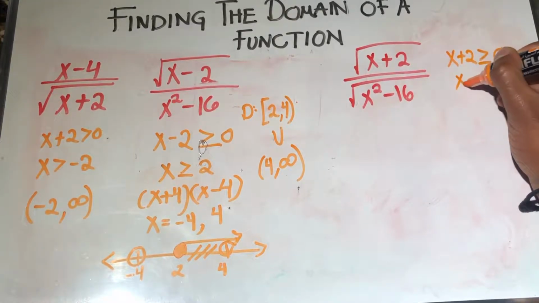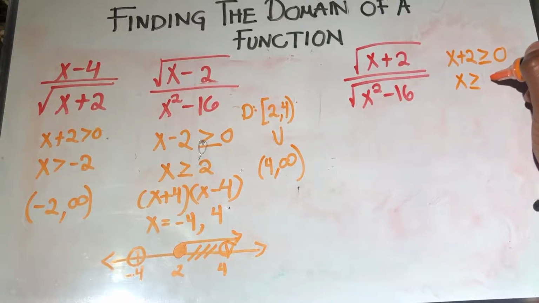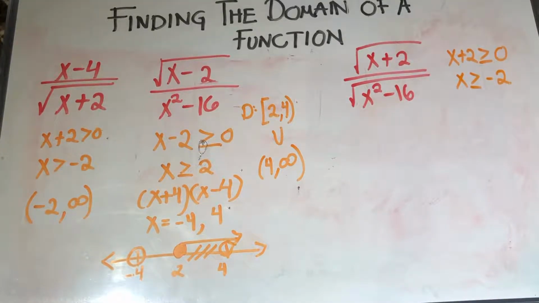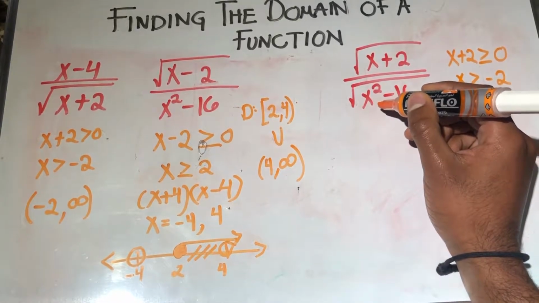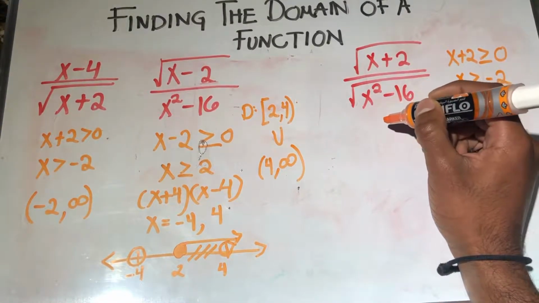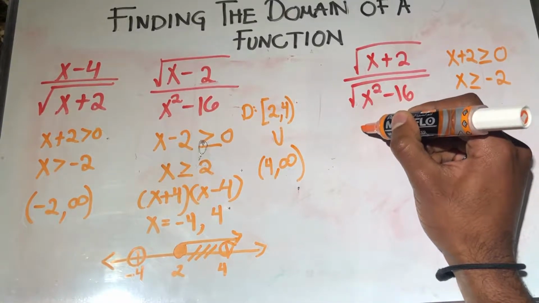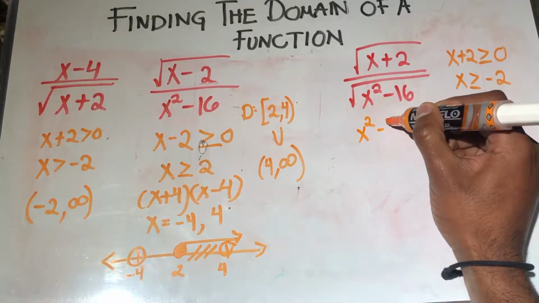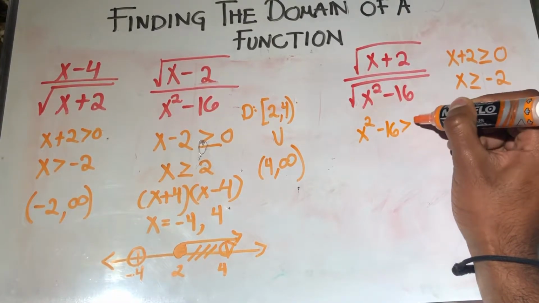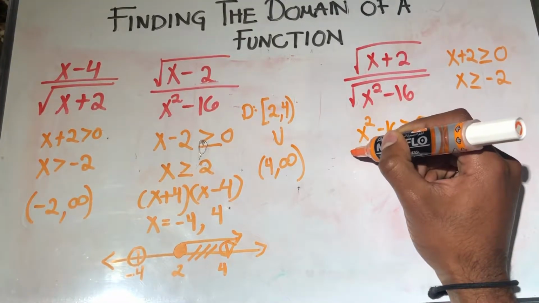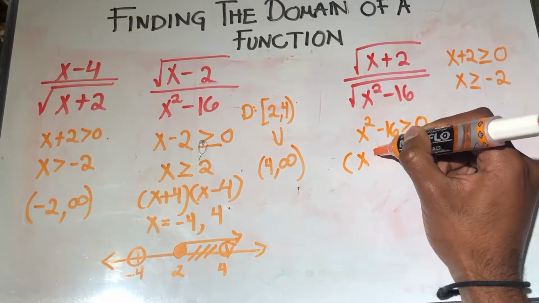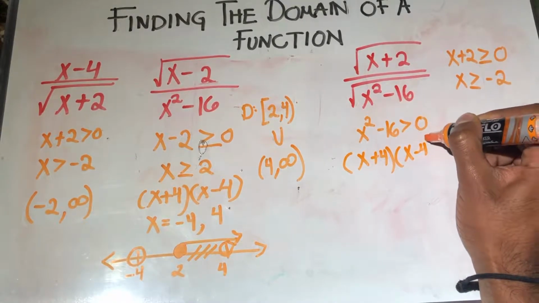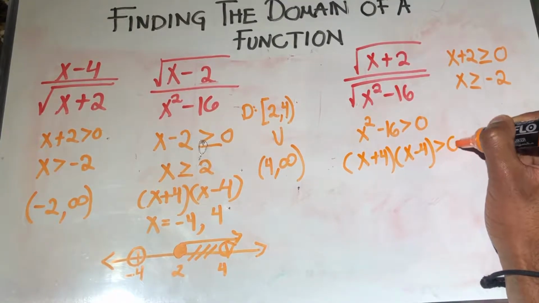And then subtracting 2 from both sides, we're going to get x is greater than or equal to negative 2. Now looking at the bottom, since we can't have zeros in the denominator, we're going to get x squared minus 16 is greater than 0. And then if we factor it, we're going to get x plus 4 times x minus 4, and that's all greater than 0.